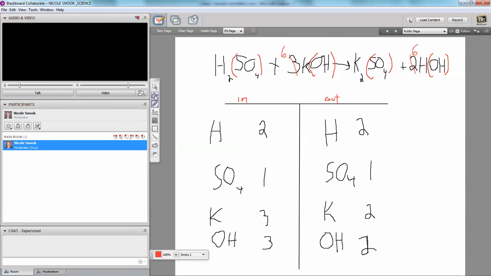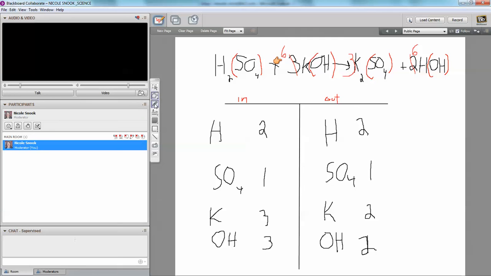On the left side, we didn't mess with the hydrogens or the sulfates, so that stays the same. And oops, I forgot to add in a 3 here because we have to deal with the K2. All right, for the Ks, we changed this to a 6.